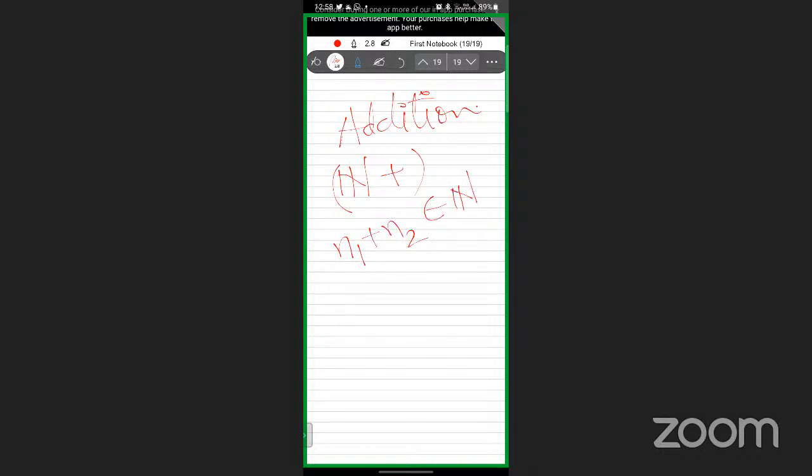So addition is closed in N. But now I take only the set of odd integers. If I take an odd integer 3 and add another odd integer 5 to it, I get 8, which is not odd.